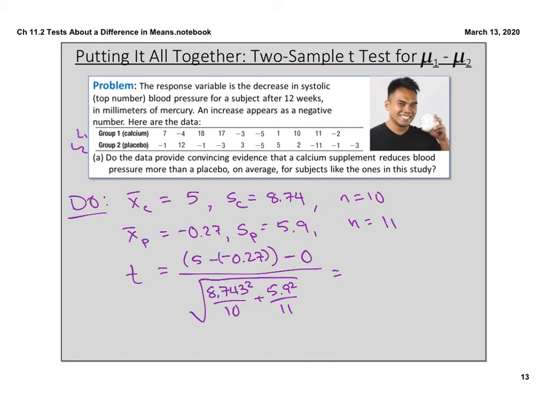Pooled, I'm doing no, and I get a test statistic of 1.60. So there's my t value. That means my p-value is equal to 0.064, and my degrees of freedom is equal to 15.59.